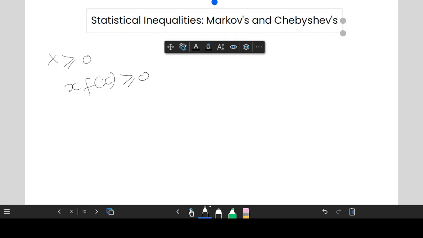So the first integral is non-negative. We know this integral from 0 to A of x f of x dx is non-negative, so it's greater or equal to 0. Okay? We know this.